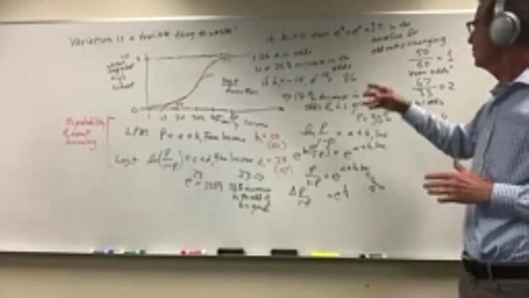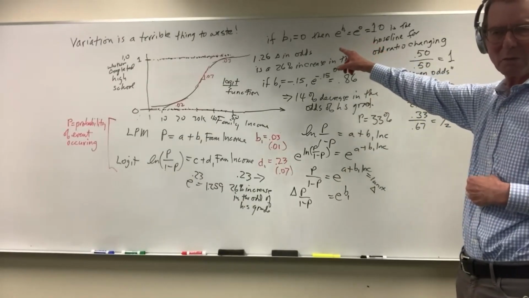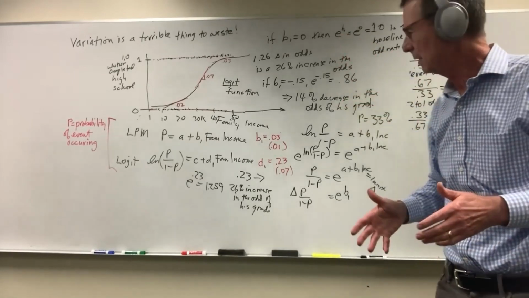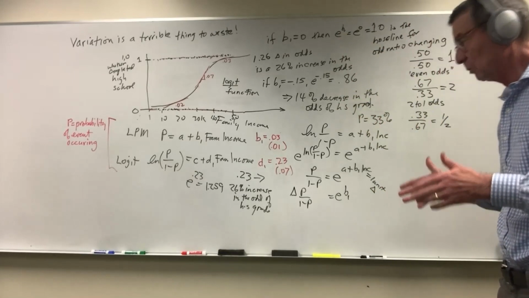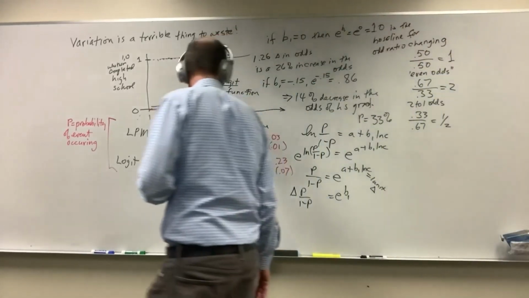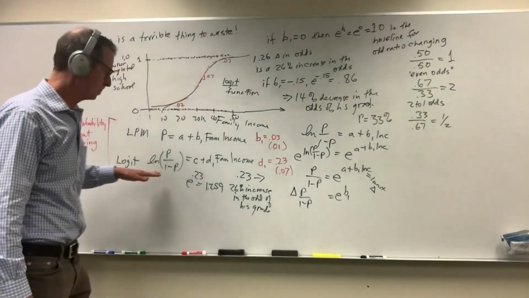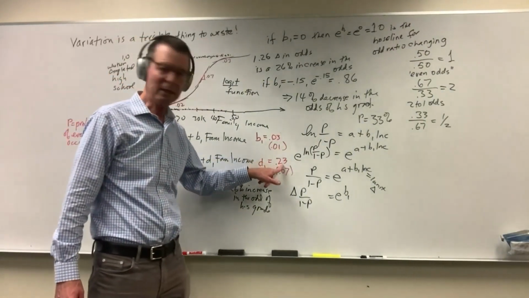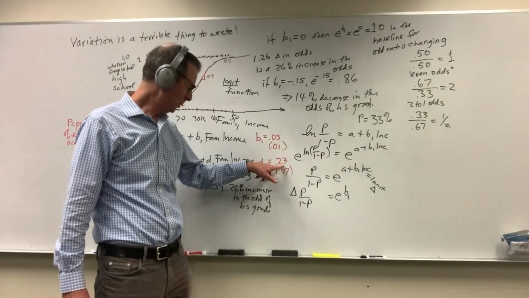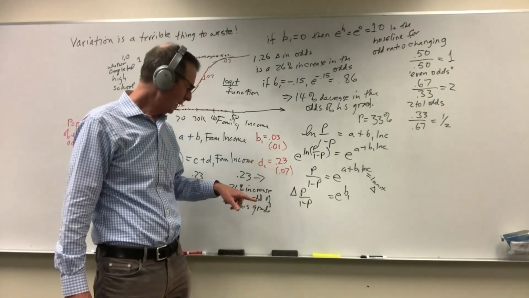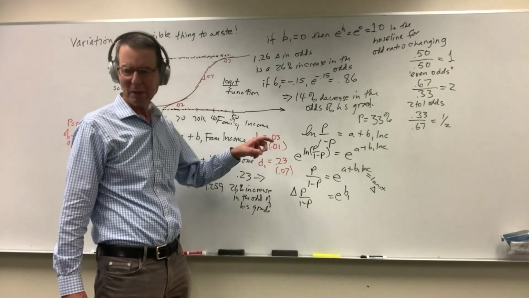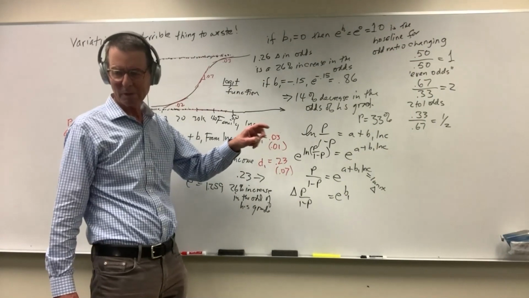But this e to the B1 is the way to read the logistic regression table in that article, which had a coefficient of 0.23. That was the one that I asked you to interpret. Some of you wanted to say a 0.23 increase in the chance of high school graduation.